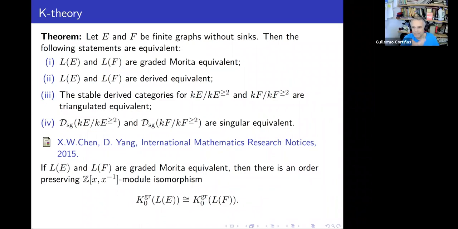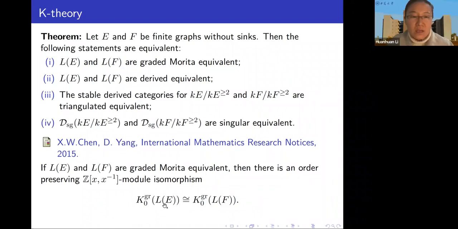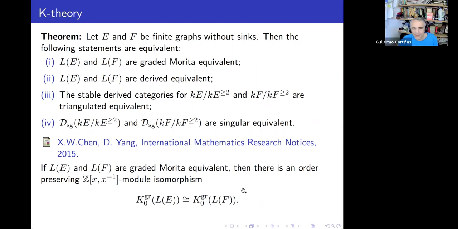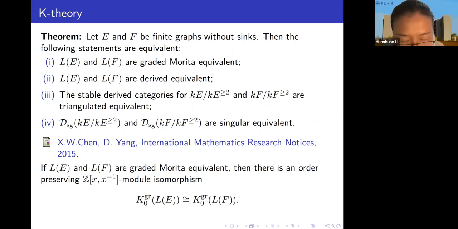Yeah, you're right. It preserves the order. That means... yeah, you're right. The graded monoid part is the positive cone for this, so it's also preserved. What I'm saying is it's equivalent to saying that it comes from an isomorphism of monoids, isn't it? Yes.